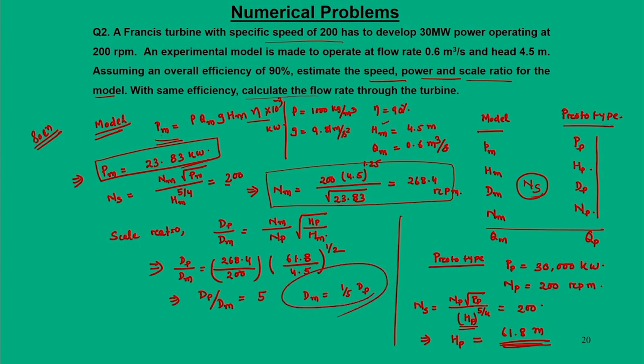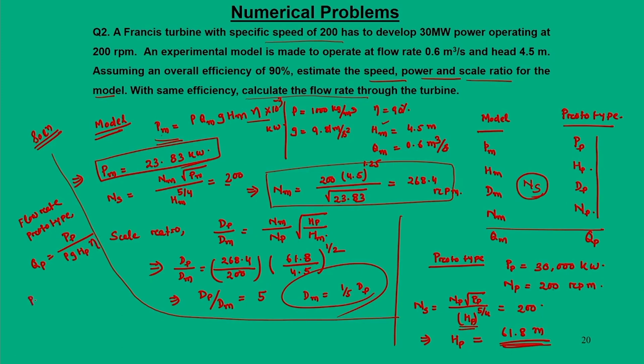Then with same efficiency calculate the flow rate for the turbines. So, flow rate for prototype we say QP is equal to PP divided by rho G HP into efficiency.